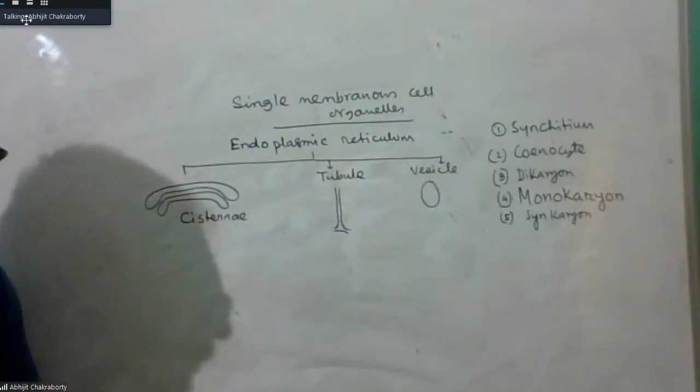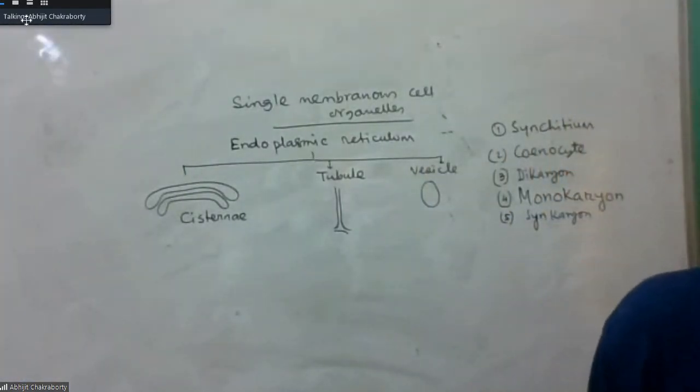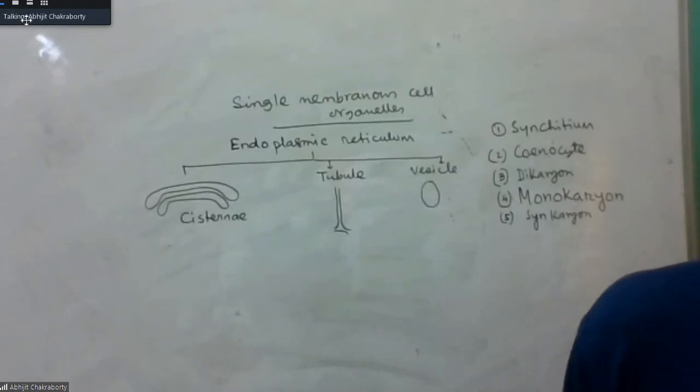One is cisternae, the other is the tubule, and the third one is the vesicle.